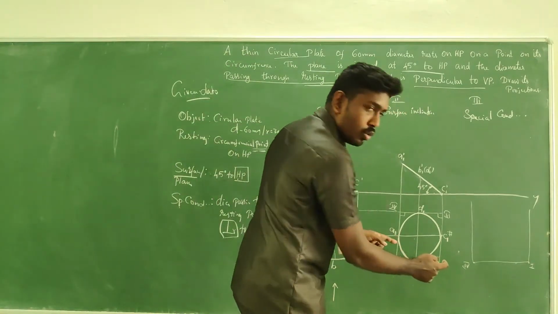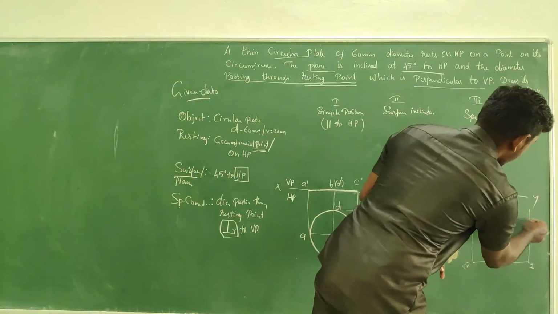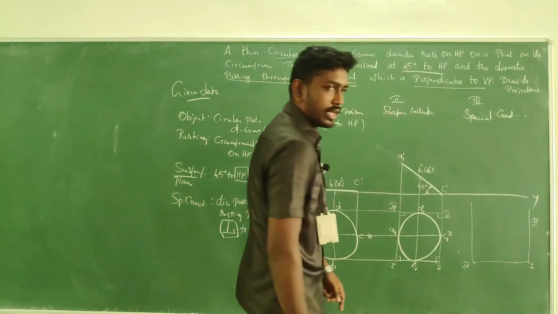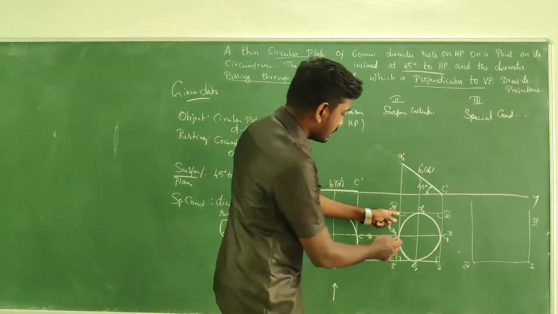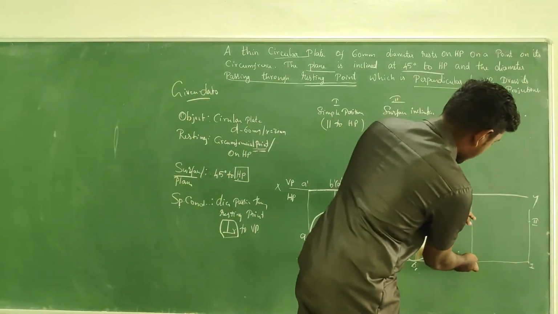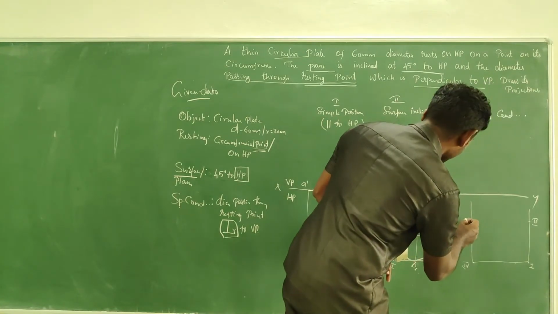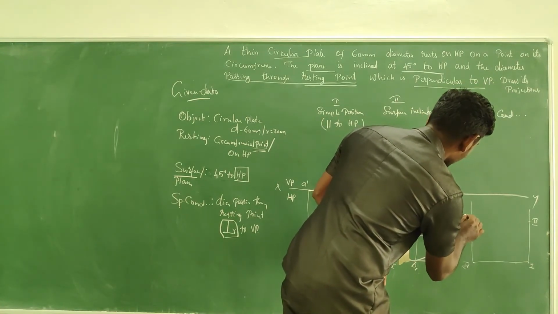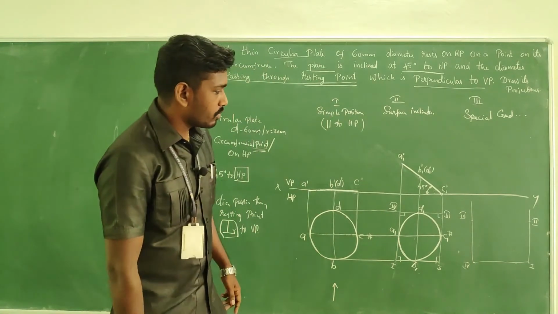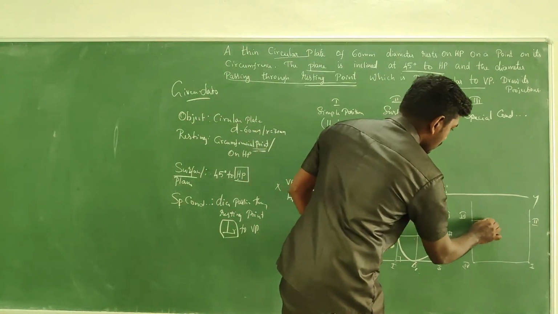Measure 1 to 2 and from 1 just convey it, so you get the second point. Then measure 4 to 3 and just transfer it, you will get that point. Connect it.